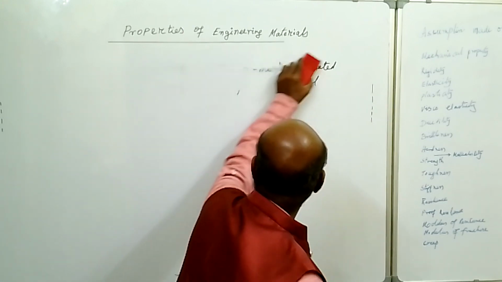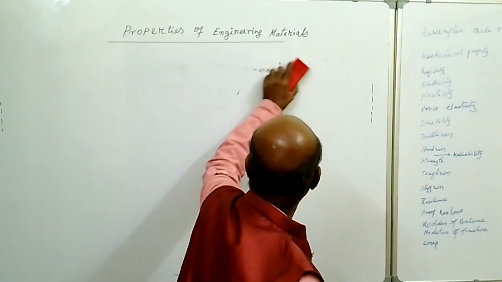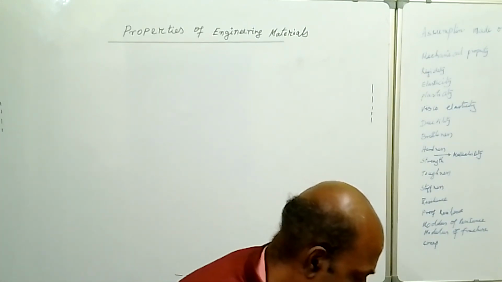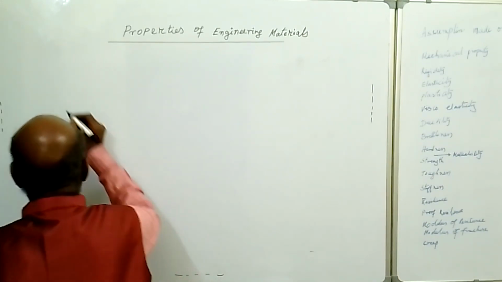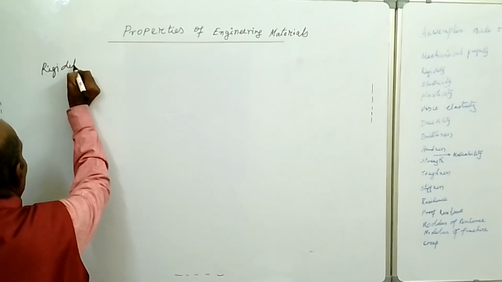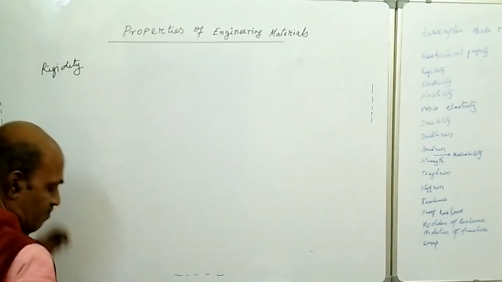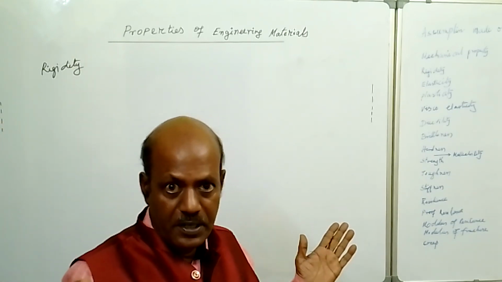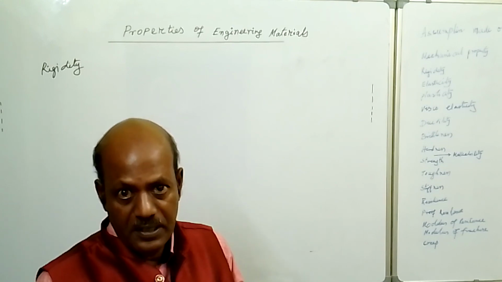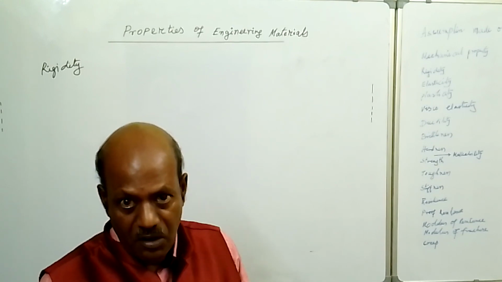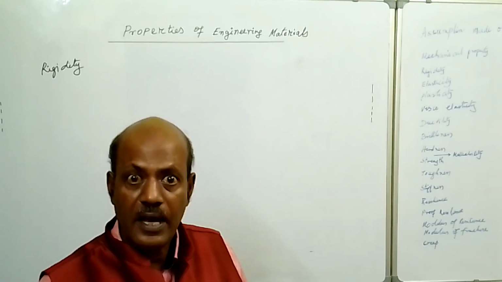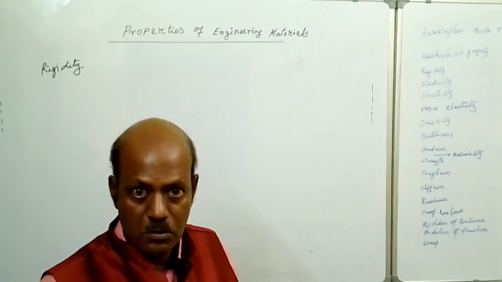The first property we will see is rigidity. By virtue of this property, the body will not deform at all under the action of a heavy load or any load.